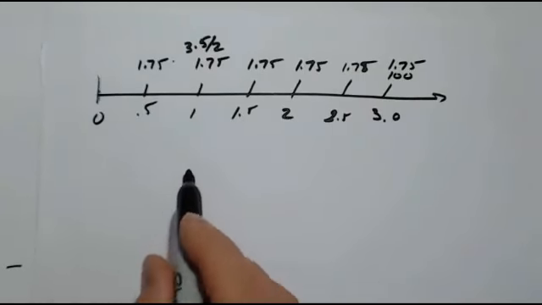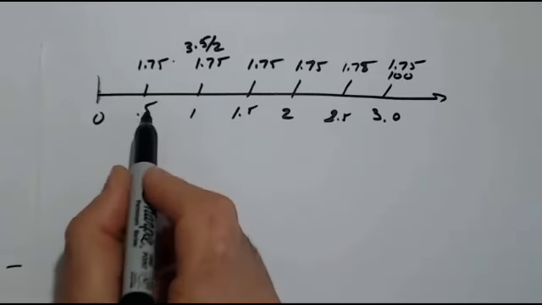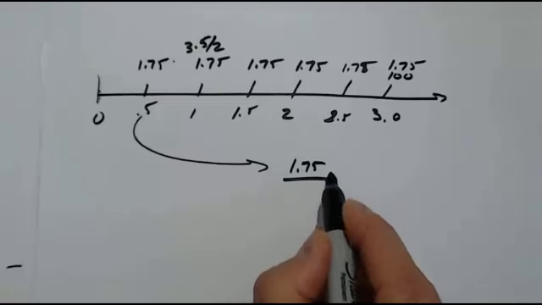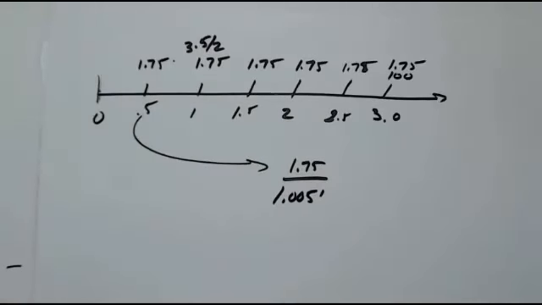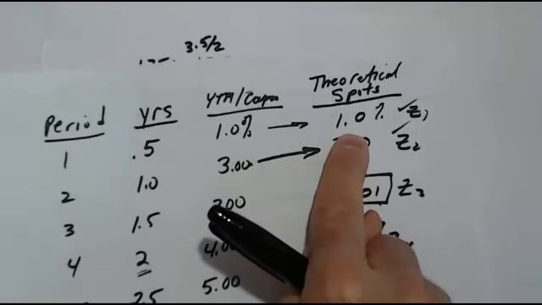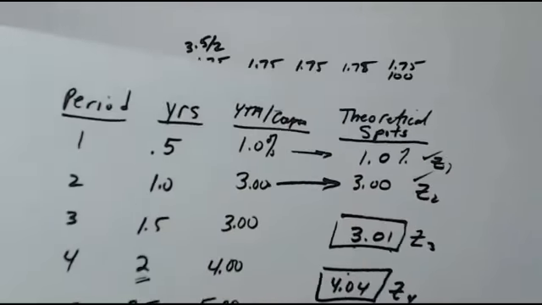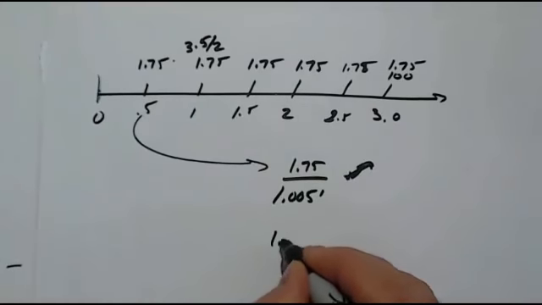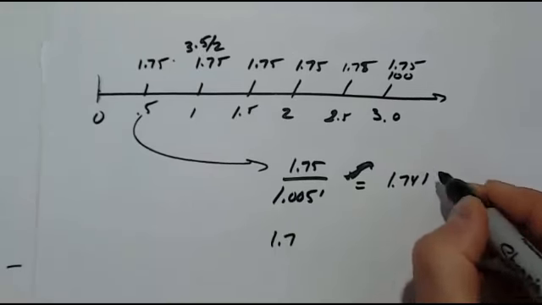So I just have to write it out a little easier. I'm going to start here. I'm going to take this $1.75 and discount it by 0.5% for 1 period. Where did that 0.5% come from? It's this spot rate on a semi-annual basis. And that comes to $1.741.